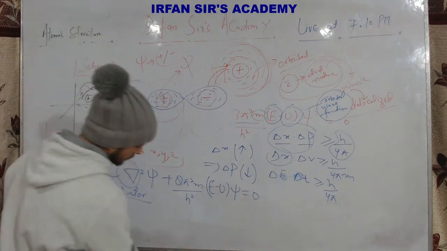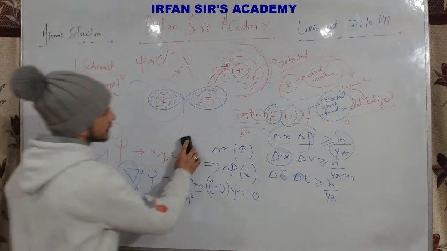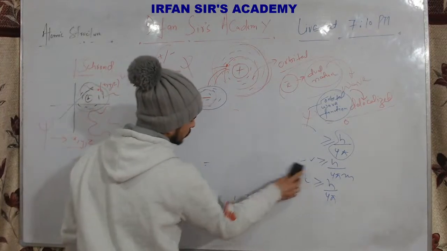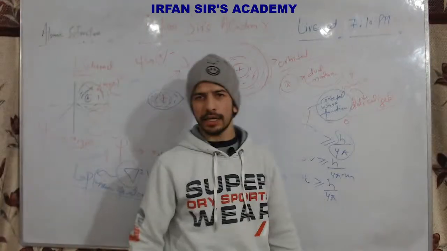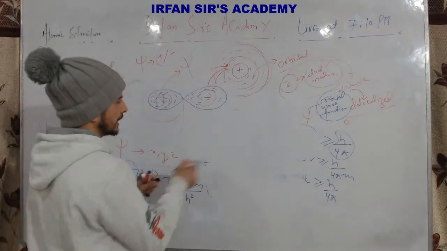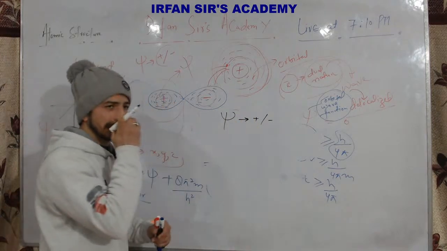Okay, nice. Now the thing is, sir, psi can take the values of positive as well as negative. On the basis of the electron wave function psi, it can take value positive or negative, but the probability is always positive.